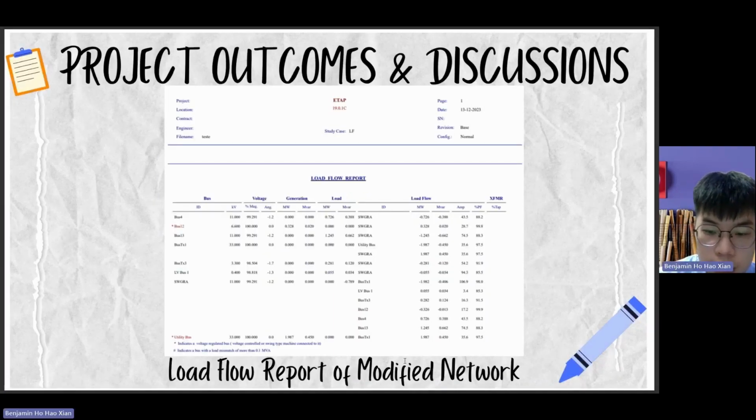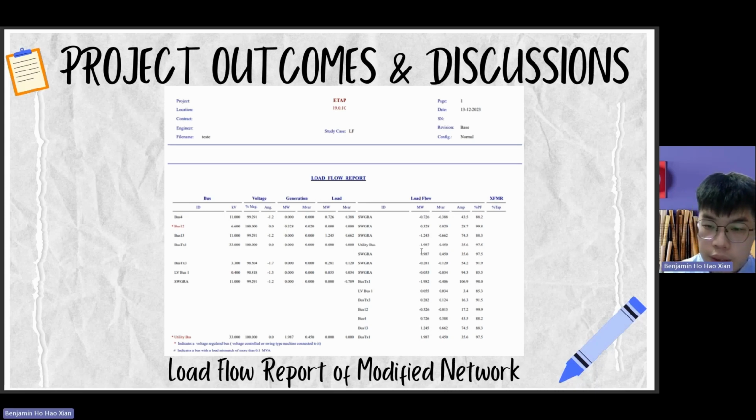Next is the modified network. The percentage voltage is all above 98, some nearly 100. This is a very good value, with not much voltage drop in the buses. For the generation, all is 0 except bus 12.